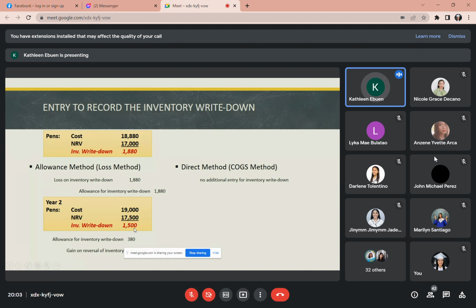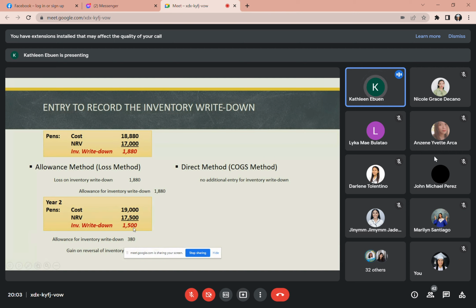So, under allowance method, magkakaroon po tayo ng adjusting entries. We will debit allowance for inventory write-down, 380. Okay. On the first year kasi class, nag-record tayo ng allowance for inventory write-down of 1,880.